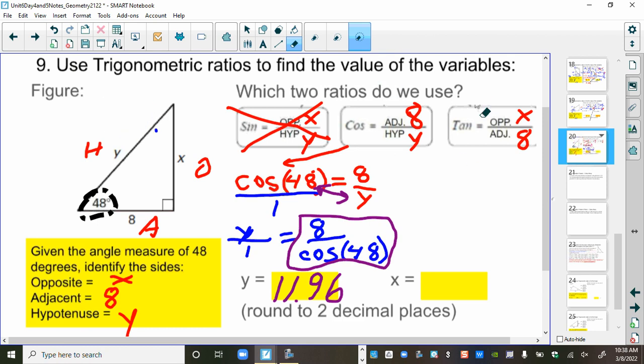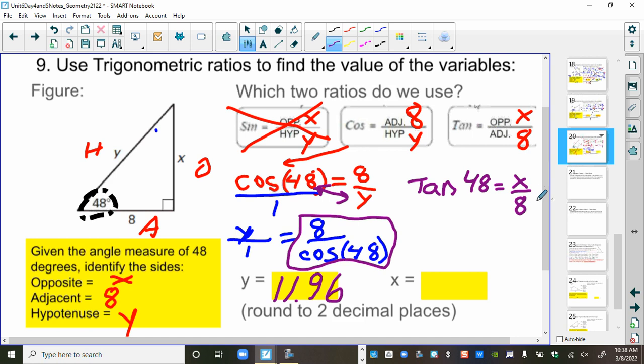Now the other one is going to be just like before with the tangent. There's a tangent. Of course, you do tangent of 48 equals x over 8. But this is going to be just like before. What's the quickest way to get rid of that denominator? Multiply by 8. That's it. The 8's go away.